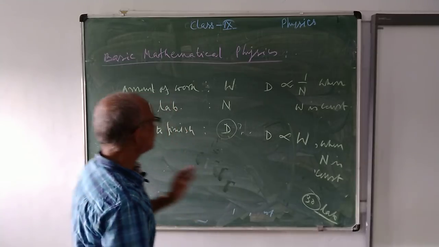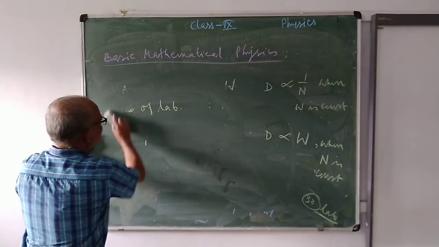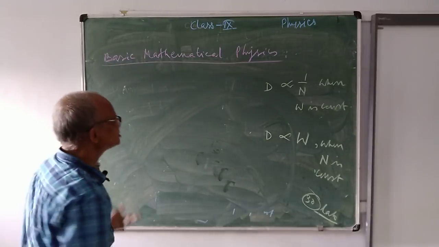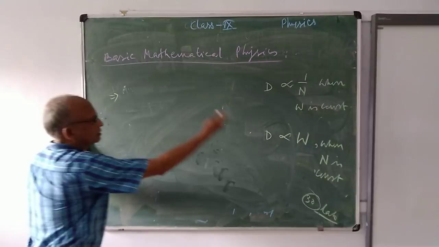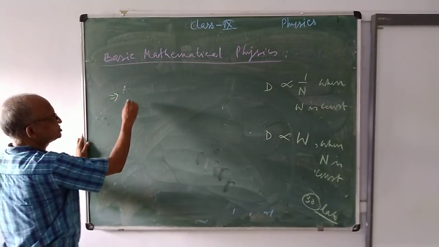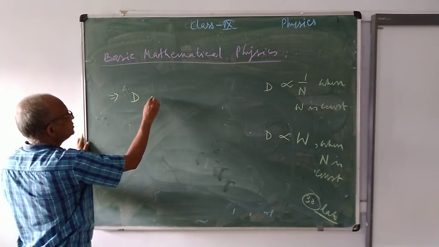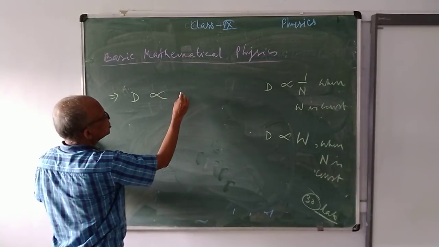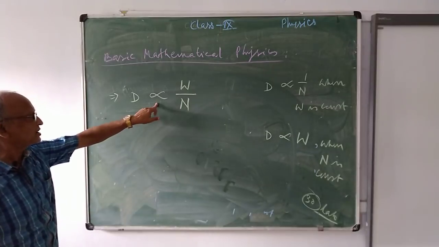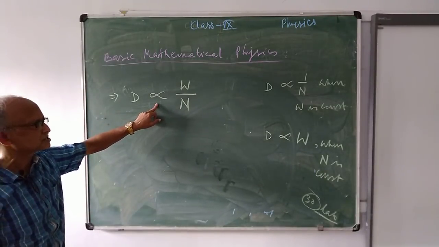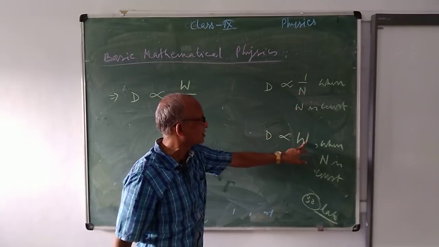Okay? Now, you combine these two. The combination process is the same. Multiply the right side. D is proportional to W by N.